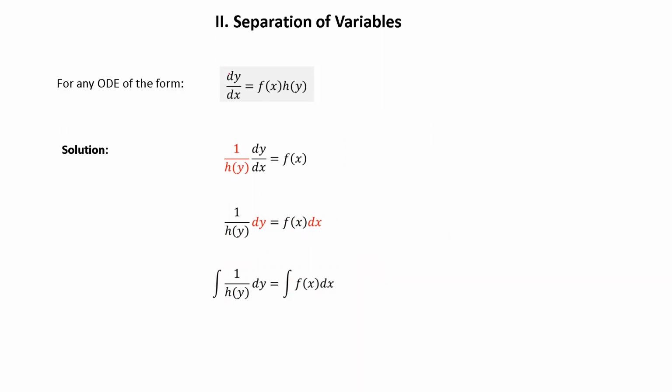So why don't we just integrate both sides in the very beginning? If you try to integrate both sides directly, the left hand side is y, but on the right hand side you don't really know how to do the integral of f of x times h of y until you know the relation between y and x.